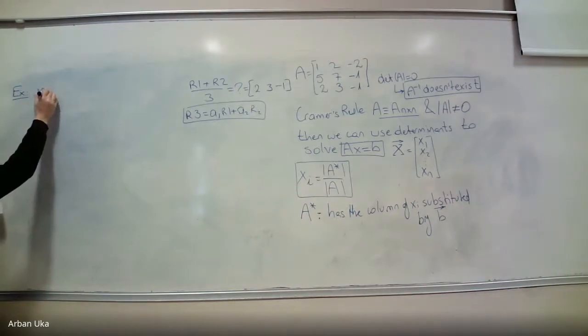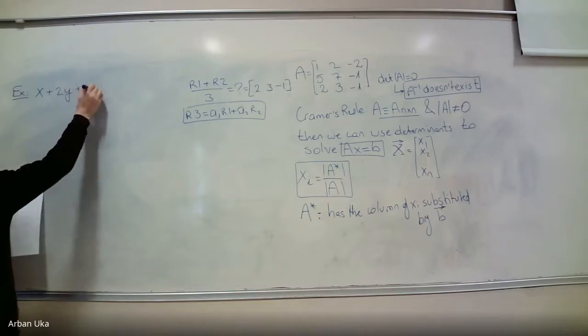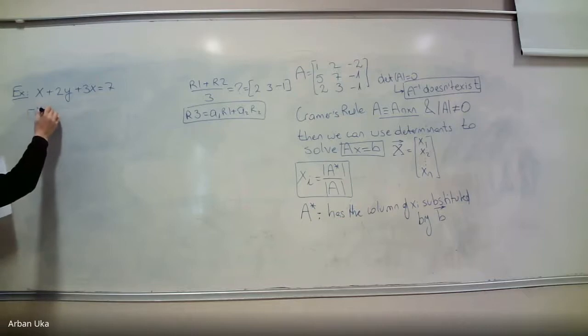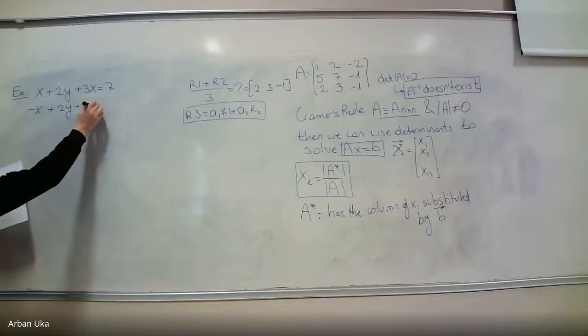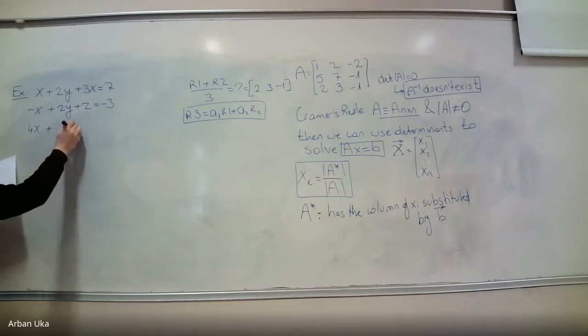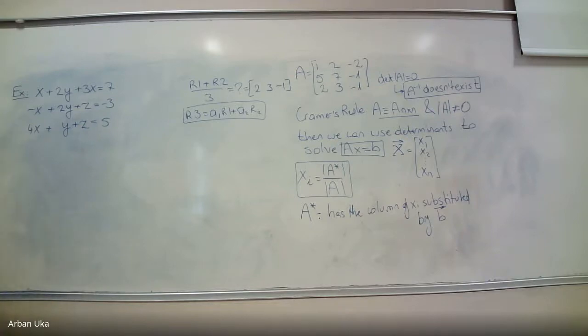x plus 2y plus 3z is equal to 7, minus x plus 2y plus z is equal to minus 3, then 4x plus y plus z is equal to 5. Is it z or x in the first equation?